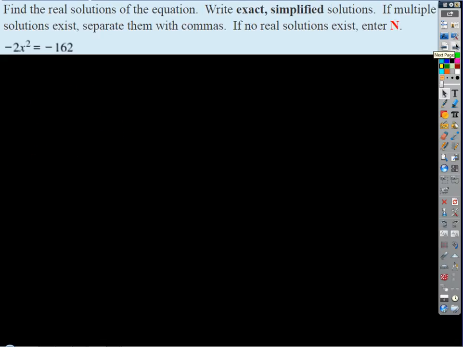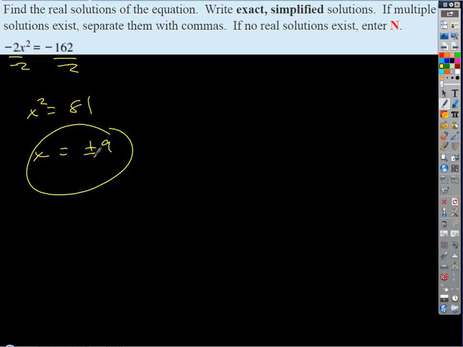What would I do? Divide by -2. Yeah, good. And square root. So what do we get? 9 or -9. Okay, so 9, -9, or vice versa.